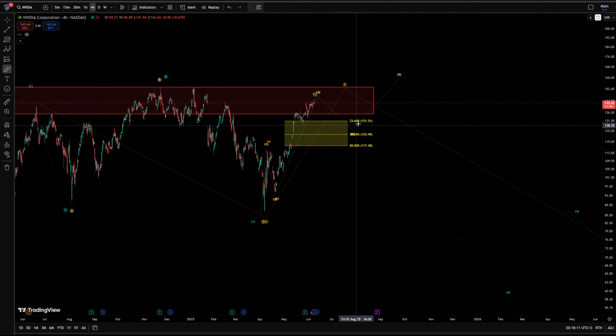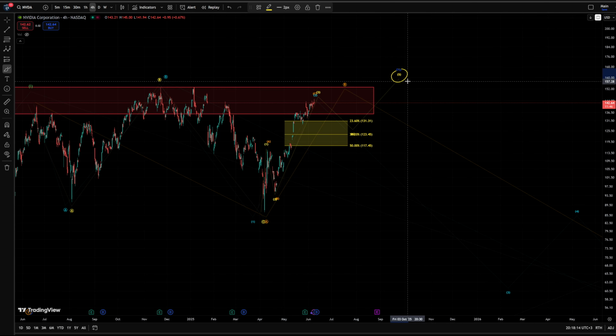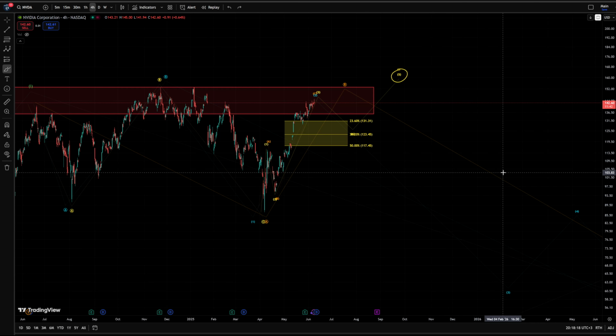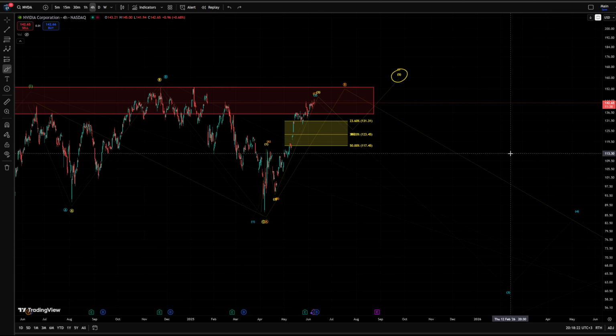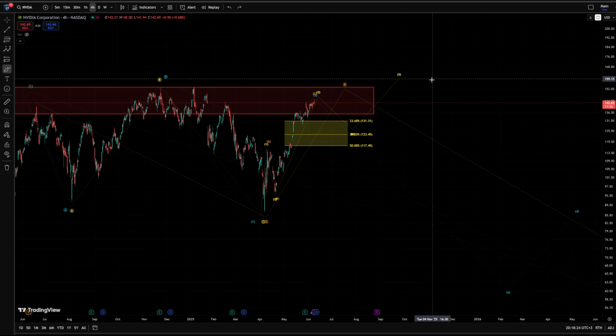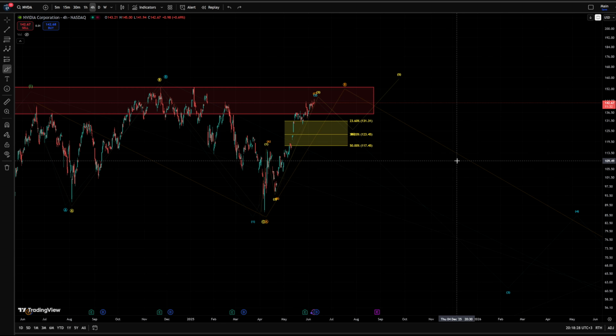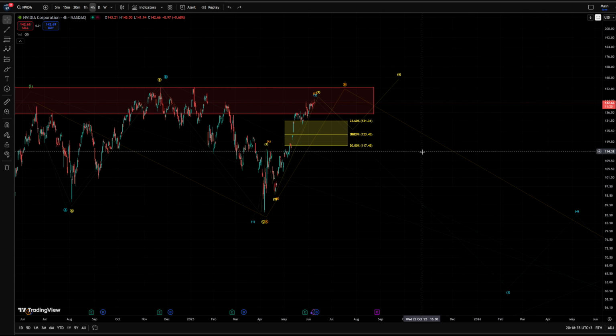But if we finish these 5 waves up in yellow, we should be looking for 3 waves down, where in the correction we can find, if we can find support in the support zone that I will provide once we have the 5 waves up, we can look for new all-time highs with higher probabilities than normal.